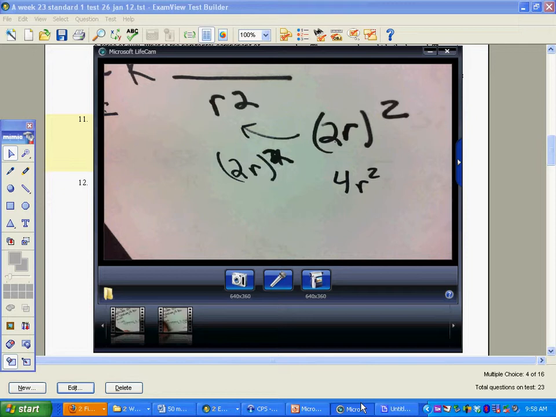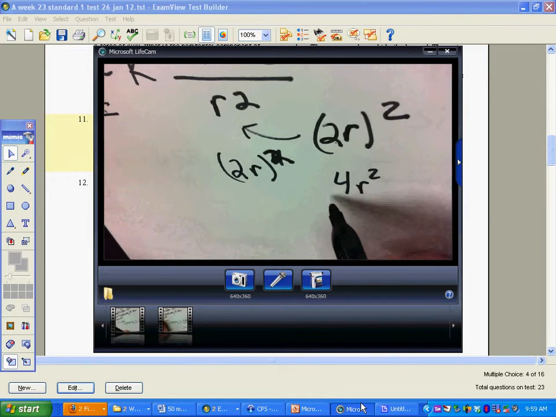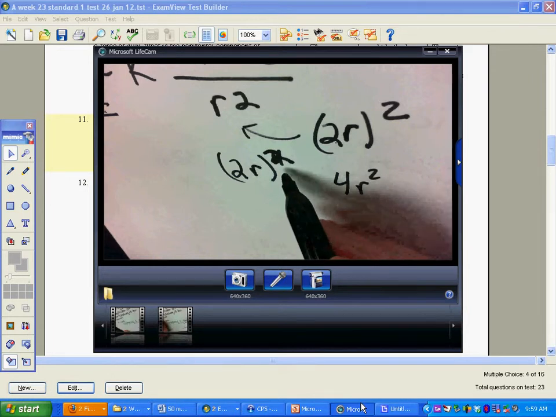Decreased by 4. What happens if you triple the distance? Decreased by not 3, not 6. What's 3 squared? 9. Okay, what happens if you half your distance? What does it do? No, if you half your distance, it's not going to decrease, but increase by, no, 4, because remember this is squared.